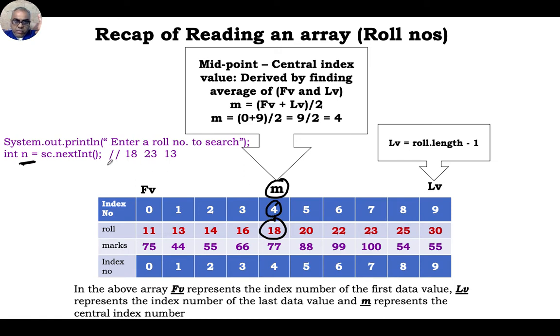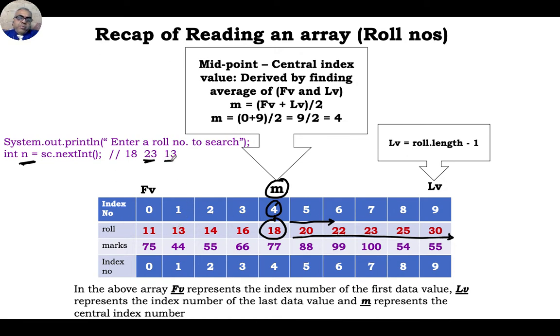If my input value is equal to the central cell data value, data found, break, system exit, program over. But if my input value is greater than the central cell data value, my search has to be only on the right hand side, because of ascending order, all data greater than 18 is on the right hand side only. There is no point in searching the left hand side.